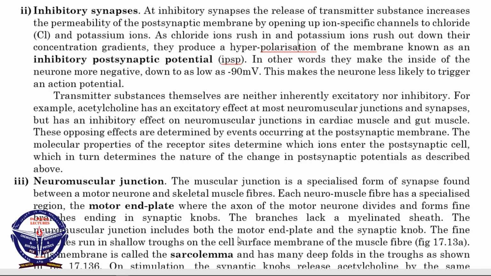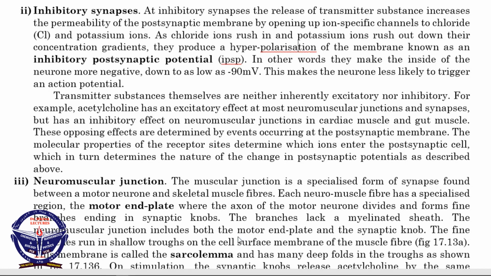While I explained that in inhibitory synapses, the binding of the neurotransmitter at the postsynaptic membrane causes the inside of the cell to become more negative with respect to the outside. That means the cell does not go on to generate an action potential. So actually the synapse inhibits the generation of the action potential. So here it is not the neurotransmitter, that is the synapse.